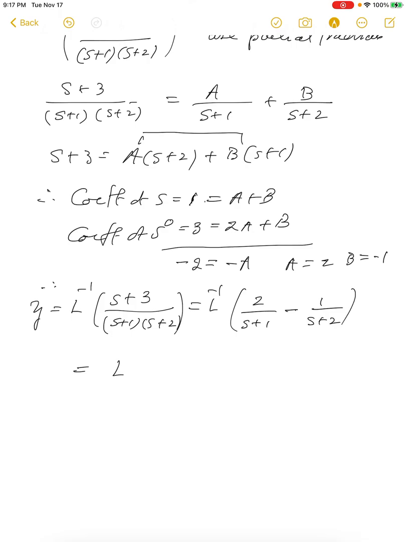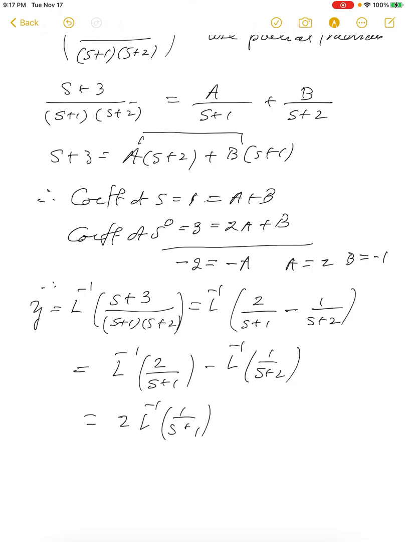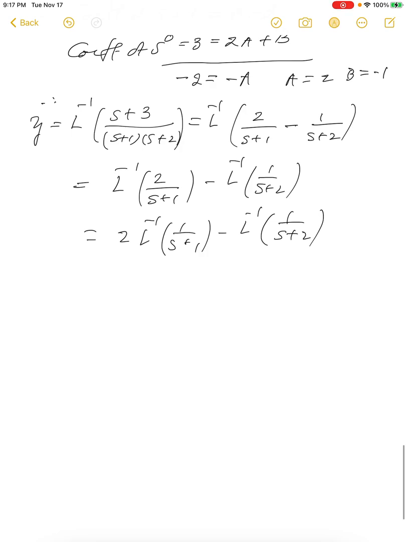As L inverse is linear, you can split it like this, and 2 you can take outside. Now you go back to the tables and you will see the inverse transform of 1 over s plus 1 is e to the minus t, and the inverse transform of 1 over s plus 2 is e to the minus 2t. So that's our solution.